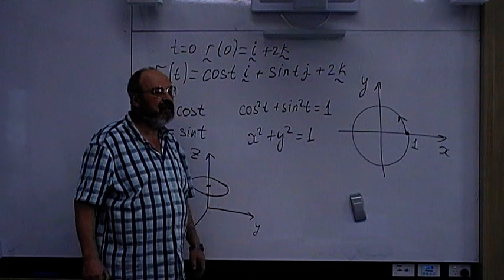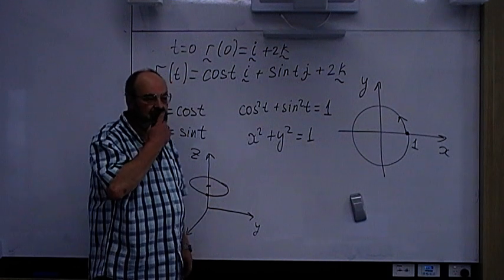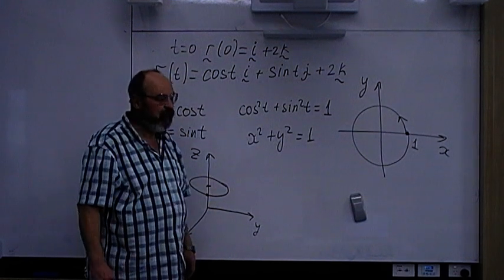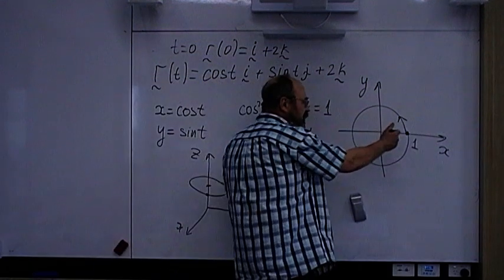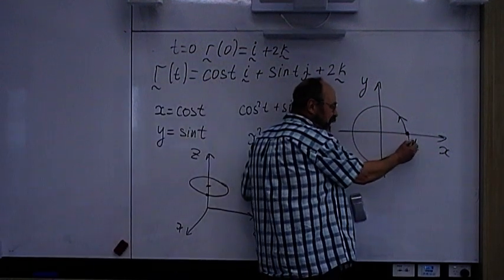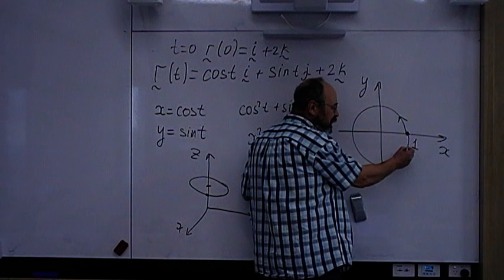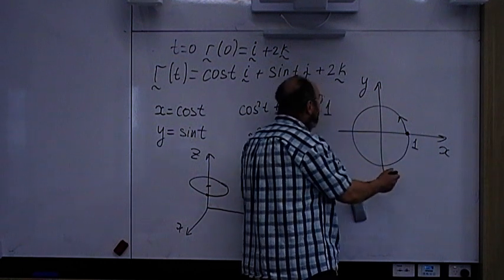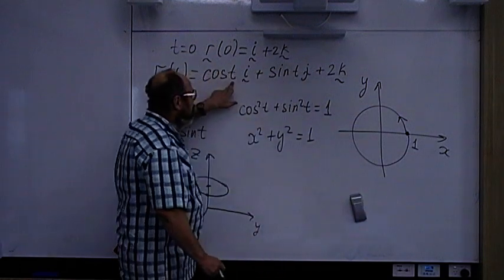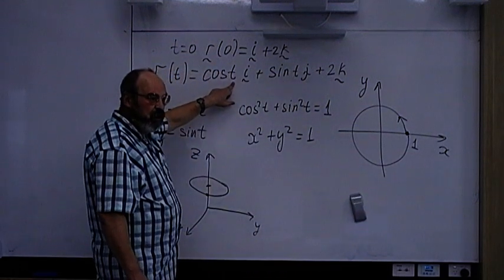If cos decreases and sine increases, how do you determine that it goes this way? We know where it starts. If you move the other way, we will have both negative. But when we increase t from 0, both have to be positive.